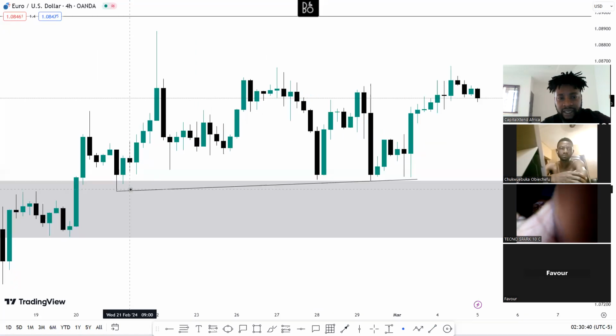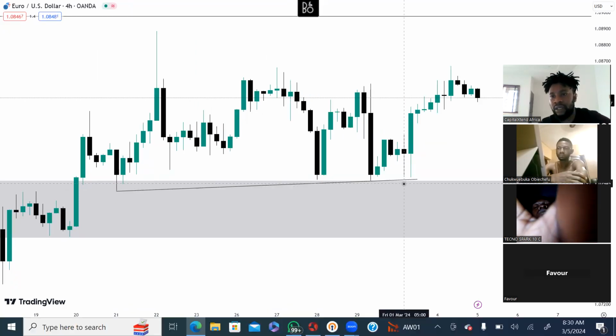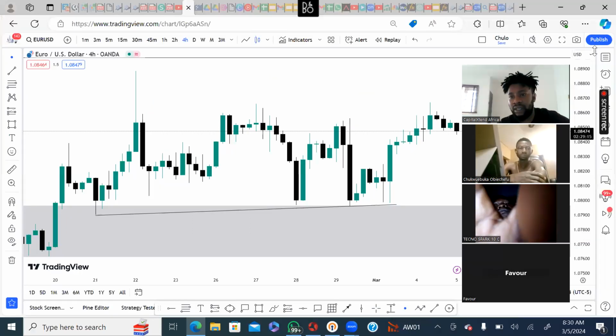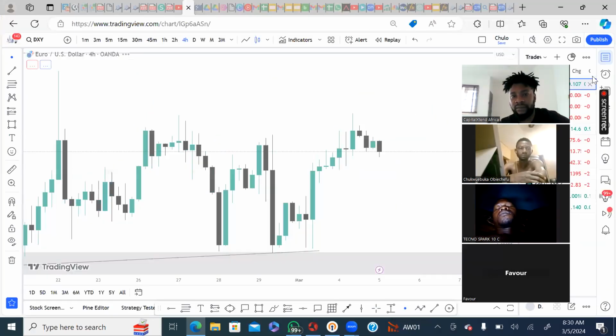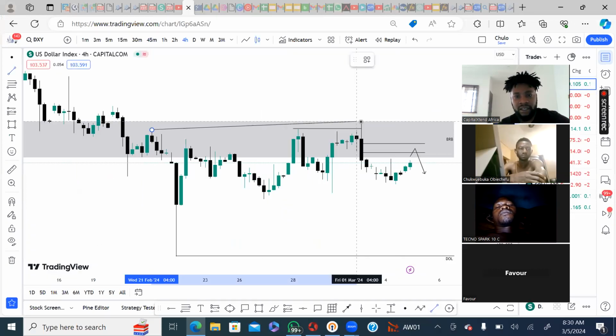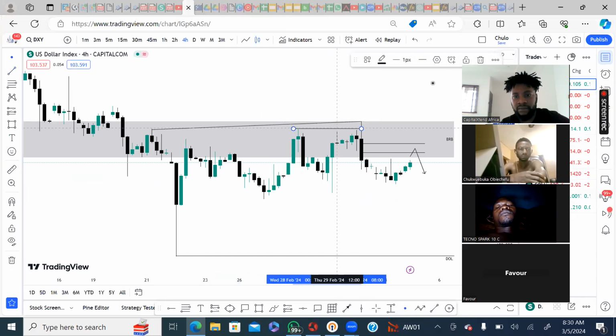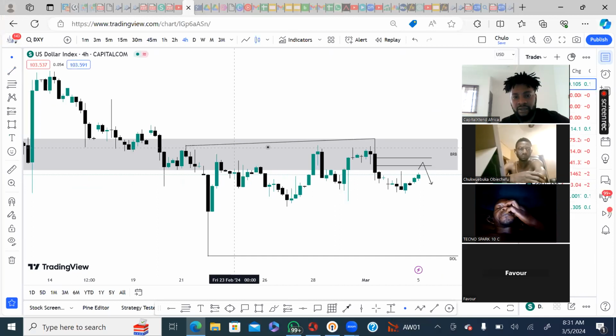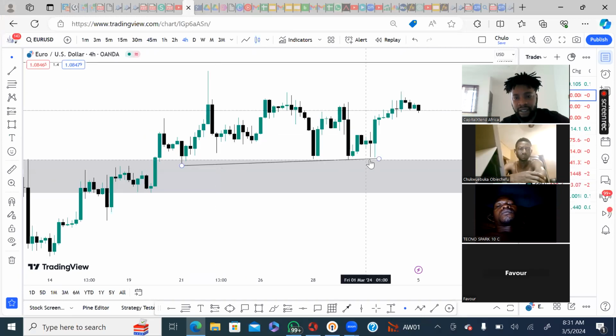We have this SMT here on Euro USD. So let's quickly go back to the dollar index. On the dollar index, we have this SMT. On Euro USD, we have this SMT.